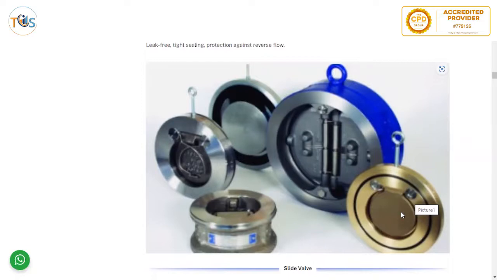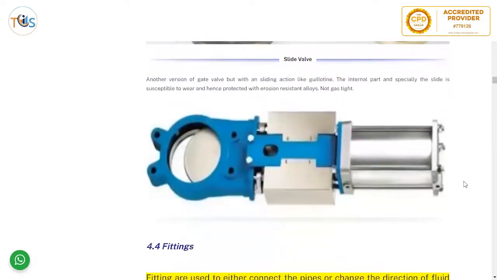So it is always open when it is in the direction of the flow, and it closes when the flow reverses. As you can see here, there is a lock, so it can only move in one direction. It can go up and then come back to its own position. This is a closed position, and if the flow comes, it will move up and allow the flow to pass by.